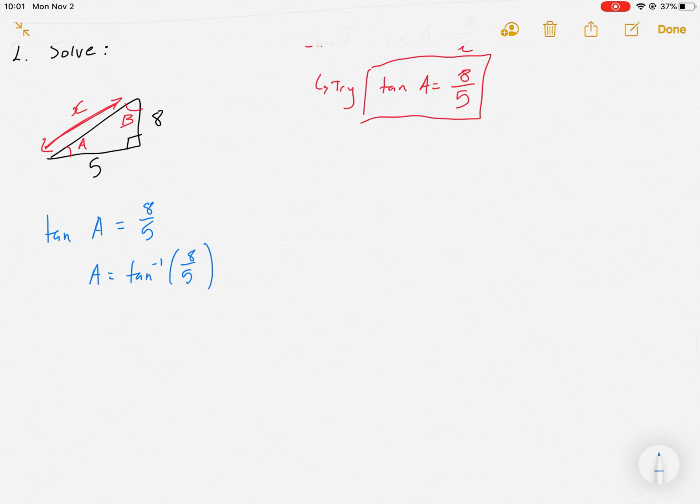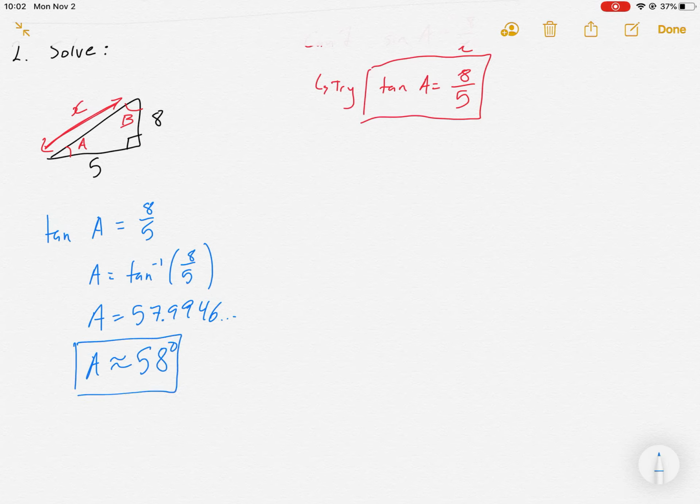So let's go ahead and plug that into the calculator. Tangent inverse of 8 over 5 is about 57.9. I'll just round that one to 58. So A equals 57.9946. So we'll say that's about 58 degrees. Now I could continue with this. I could actually do the same thing for B. I could do tangent of B equals 5 over 8.